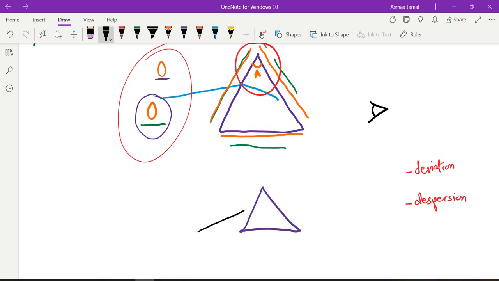So if this is our white light, since the red is the fastest, it will bend the least, and the violet is the slowest one, so it will bend the most. So you will see the rainbow when you use this prism.